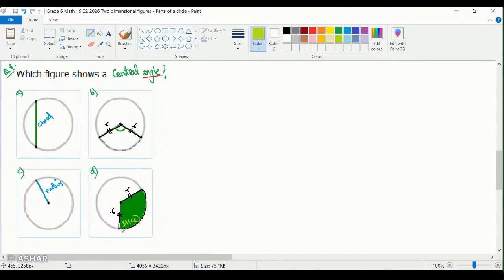And we know that a slice is always a sector. Agreed? That means we don't want D. And the central angle would be option number B. Do we agree that the central angle is option number B?